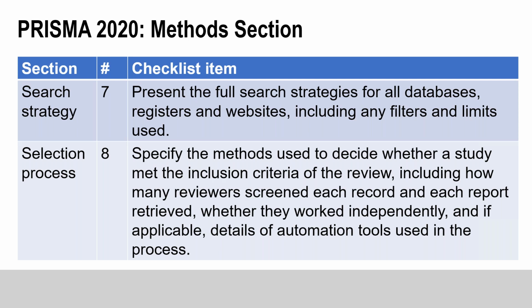Then we ask people to specify the methods they used to decide whether studies meet the inclusion criteria of the review or not. This can include how many reviewers screened each title and abstract record and each full text report retrieved, whether they worked independently or not, and if they did use some automation tools, what tools were used and how they were used in the process.